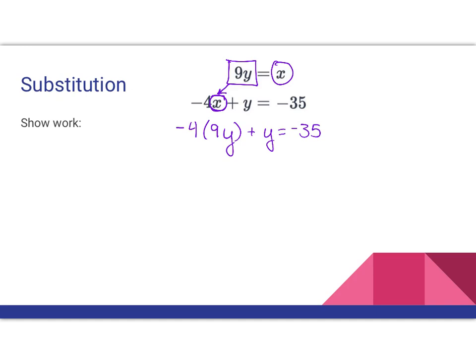We're just solving for that y. Multiply the negative 4 and the 9, I get a negative 36y plus y equals negative 35. Combine like terms, I get a negative 35y equals negative 35.